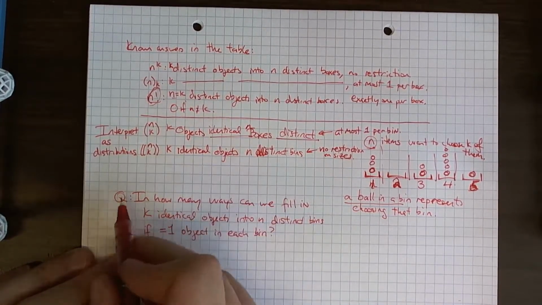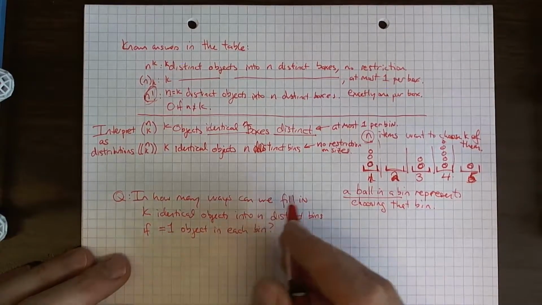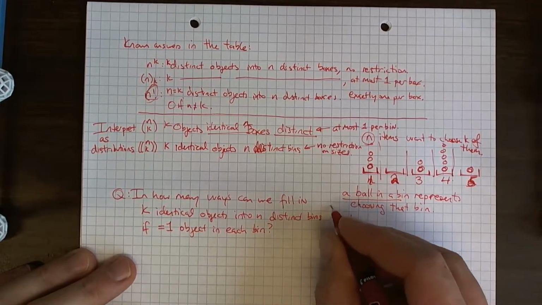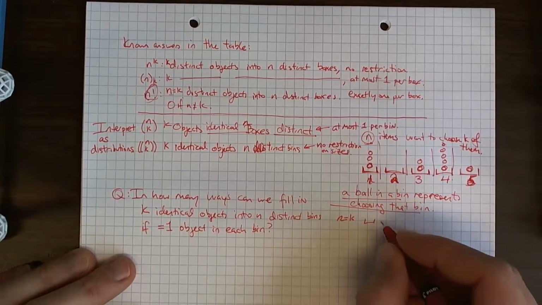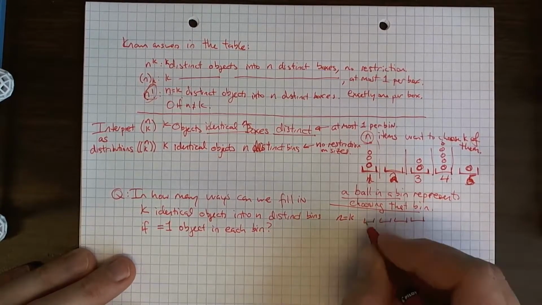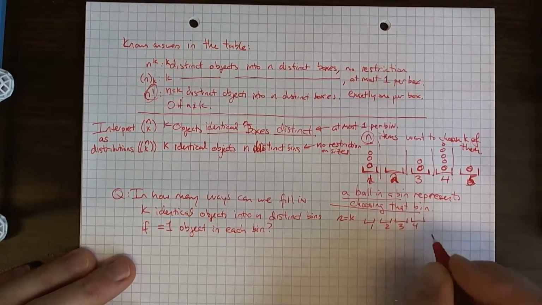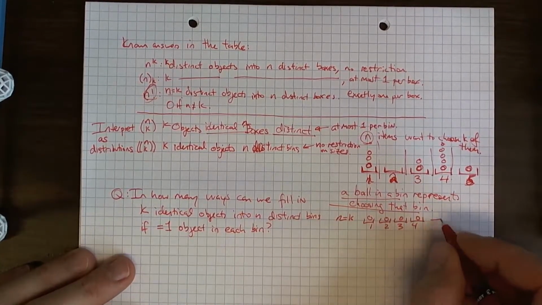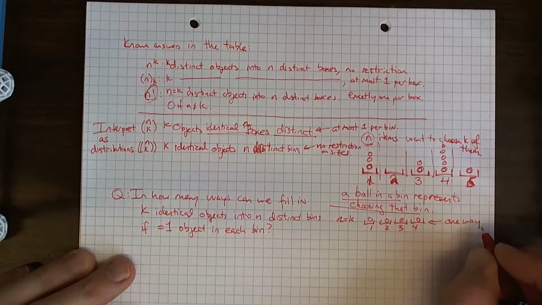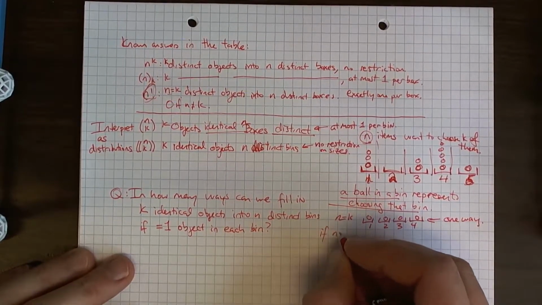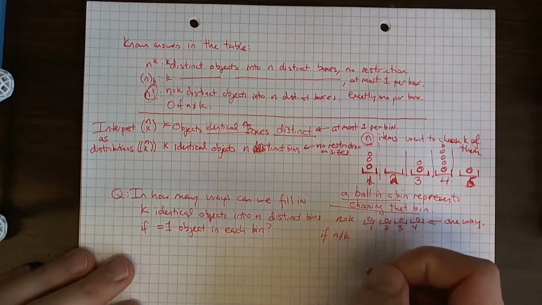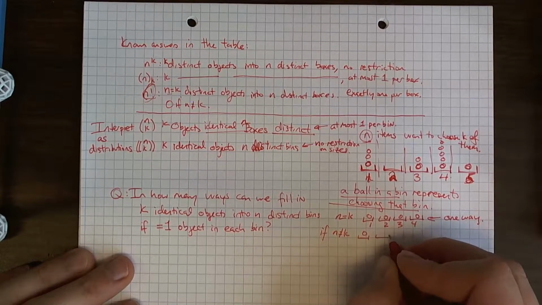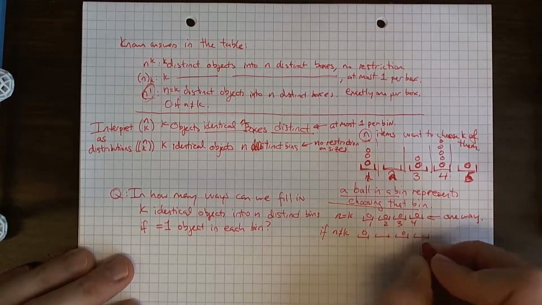Well, this again feels like n and k have to be either equal or different. If n is equal to k, then putting balls into bins, you put exactly 1 ball into every bin, and that's it. So if n is equal to k, there's 1 way. And if n is not equal to k, you either have more balls than bins or more bins than balls, and in those situations, you can't fill in exactly 1 ball into every bin.